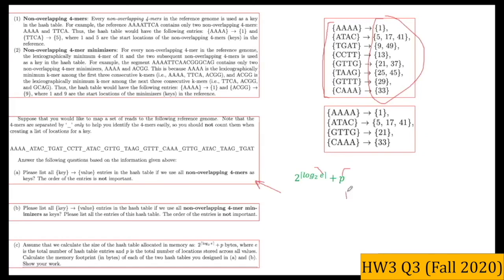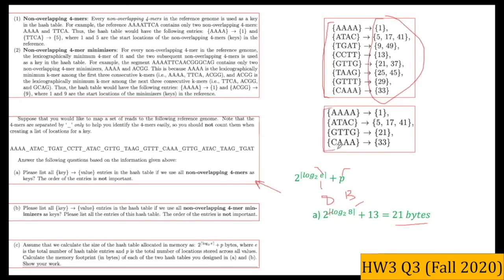So we have 13 locations and 8 entries. Calculating the equation with these two parameters will give you the memory footprint in bytes for the first one, which is 21 bytes. So we directly apply the values. Now for the second method, which is the minimizers, how many entries do we have? We have 4.